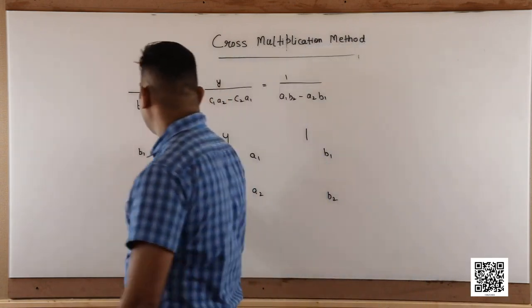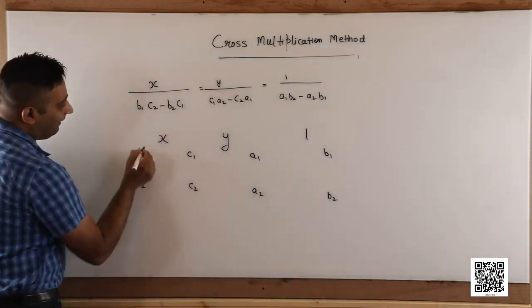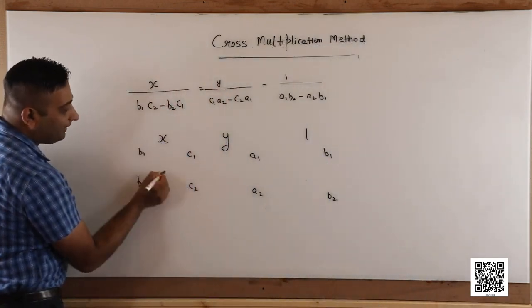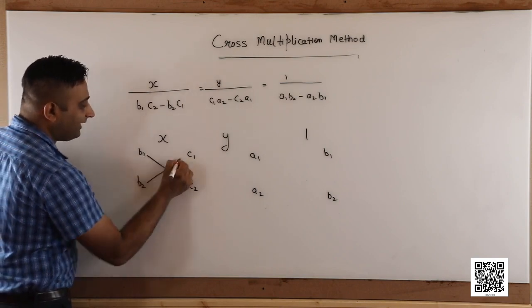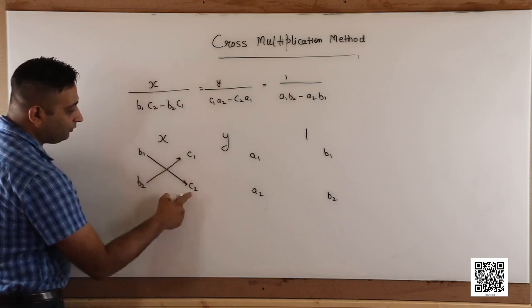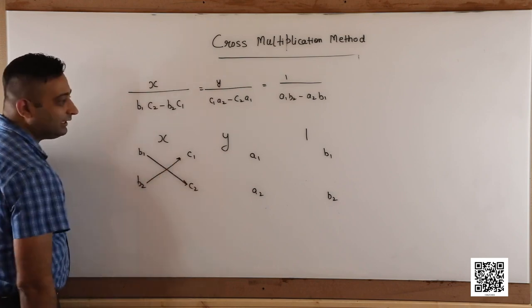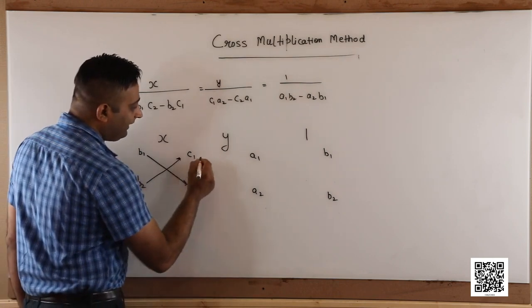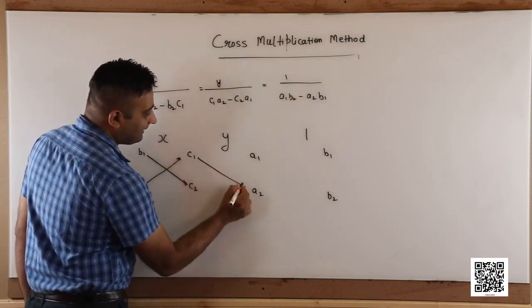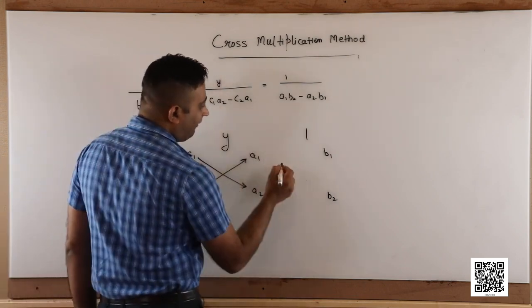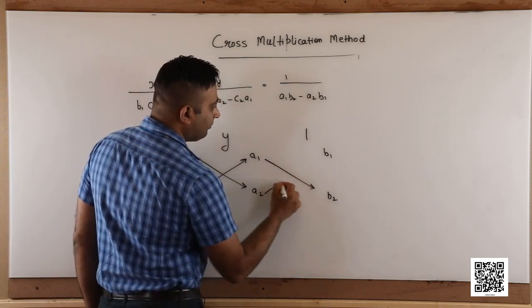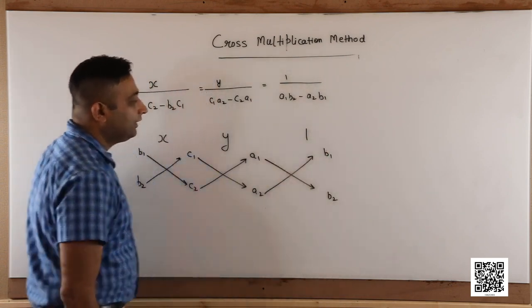You can see that x is divided by a value which can be obtained by cross multiplying and subtracting these values, that is b1 c2 minus b2 c1 in this order, and y divided by c1 a2 minus c2 a1, and 1 divided by a1 b2 minus a2 b1.